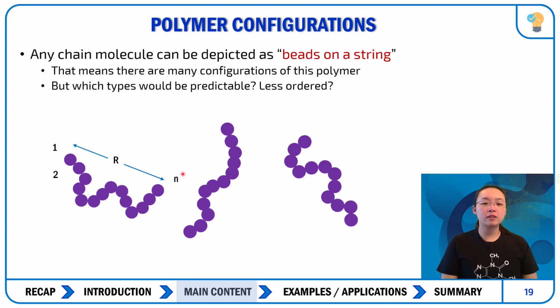So if I just compare these three models here, the R here from 1 to N is given. The R from one end to the other here seems to be longer, and it is because there's less kinks or coils in this polymer chain. This means it's probably going to be less disordered or more ordered, so it would be a system of lower entropy and therefore lower probability.